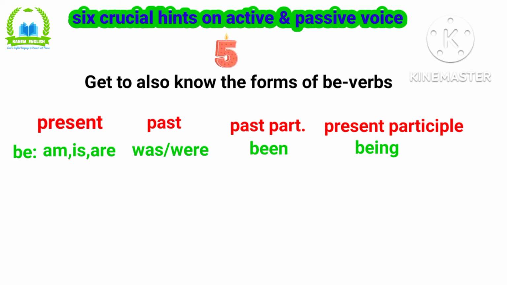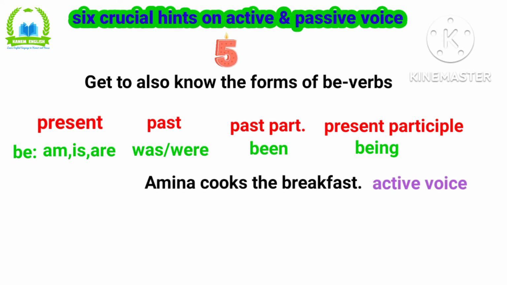Therefore, if you are going to use it in an example, Amina cooks the breakfast, active voice. So if you want to change it, the verb here is the present form. Therefore, you are going to take the present form of the auxiliary verb, the be verb. So you can now say the breakfast.